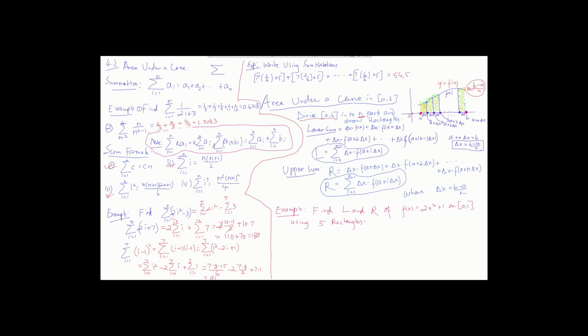For this area, you can take the height of the rectangle on this side. In orange, this left side is the height of the rectangle I'm taking. And for this one, the left side is the height of the rectangle. You see that? This is the rectangle you get.